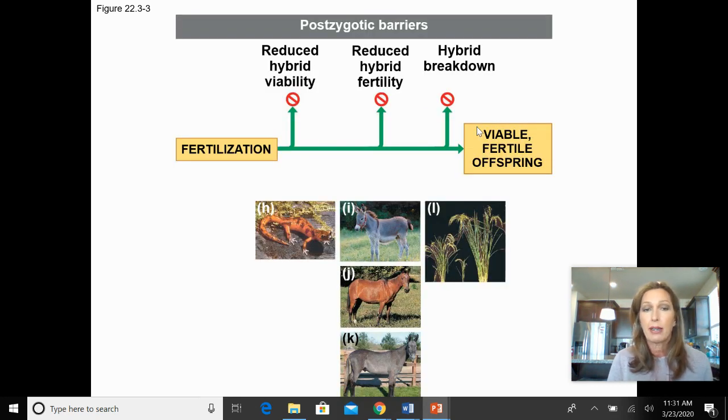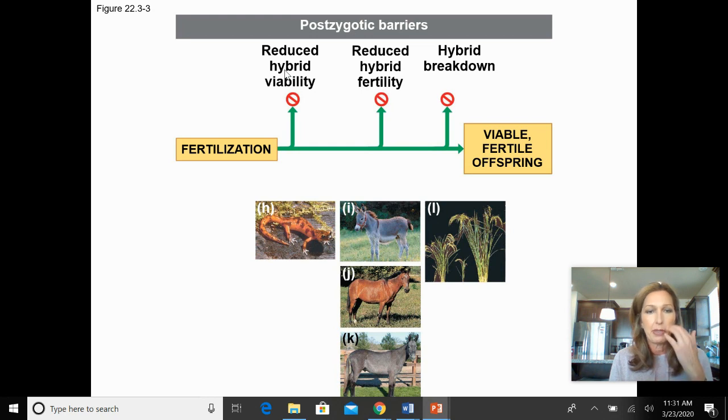Now, postzygotic barriers means that a zygote does happen. So we did have fusion of the gametes, and with that fusion of the gametes, now something happens during that development from that single-celled zygote stage to the organism. The first is reduced hybrid viability. When we call it a hybrid, the hybrid is those two different species that are now forming this mixture between them.